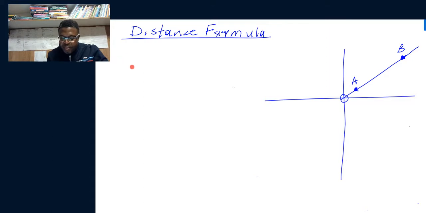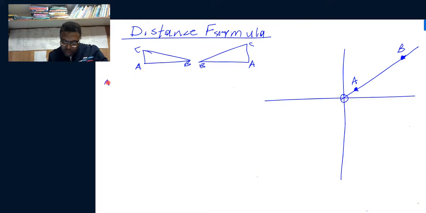In Pythagoras' theorem, let me just show you, we have A, B, C. In a Pythagoras formula, you'll remember we have AB all squared plus AC all squared equals BC all squared.